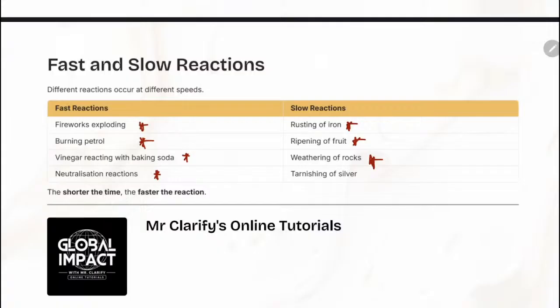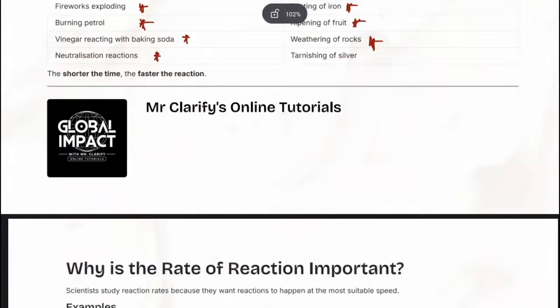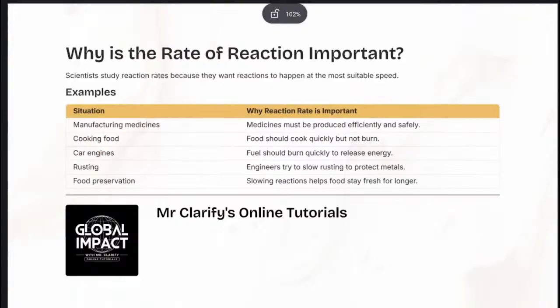Are you seeing this? So the time it takes for a reaction to happen is the rate of a reaction, or the number of successful collisions, per second, by the way.